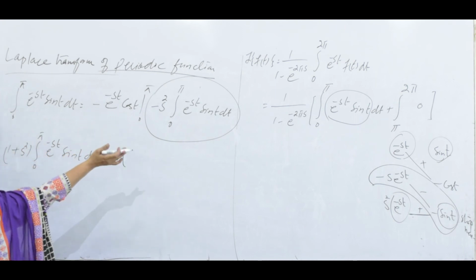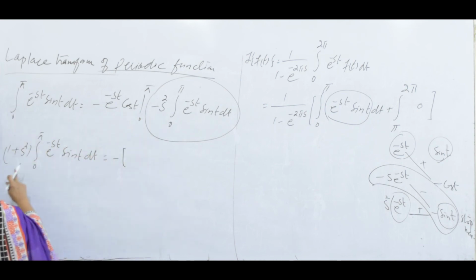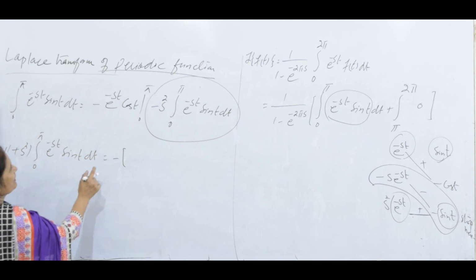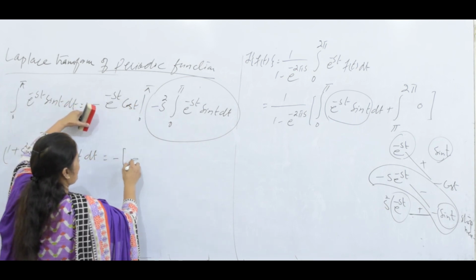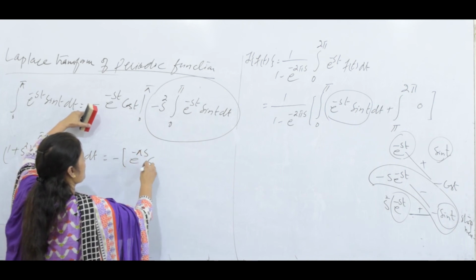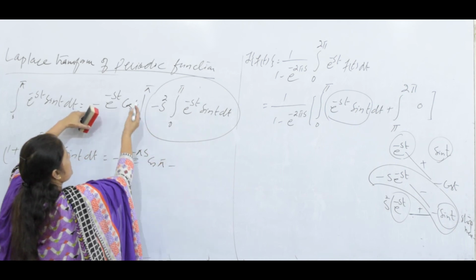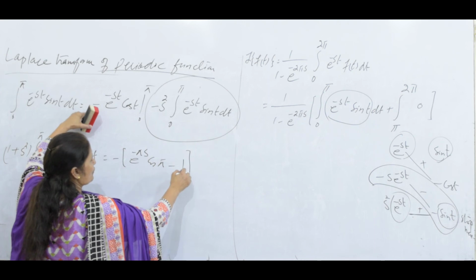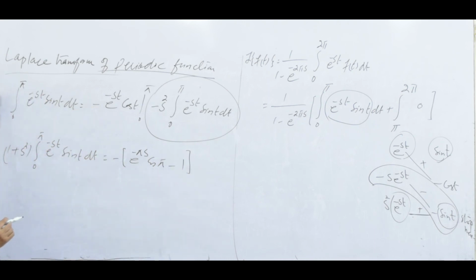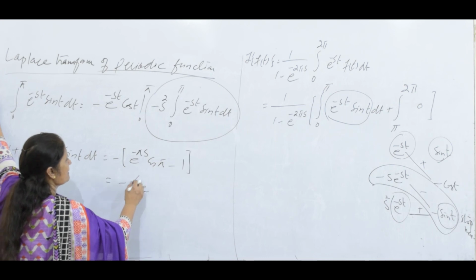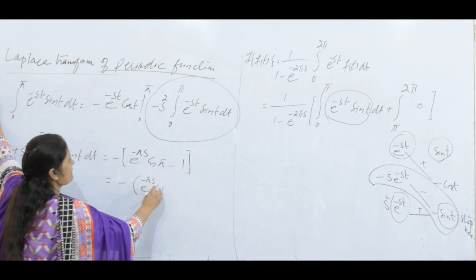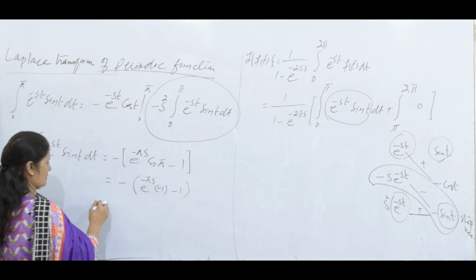The minus s squared is coming to the left as 1 plus s squared, and this is taken common. This minus is taken out, and t is replaced by pi everywhere: e to the minus pi s cos pi, minus t replaced by 0, which gives cos 0, which is 1. So this is minus, e to the minus pi s times minus 1, minus 1.